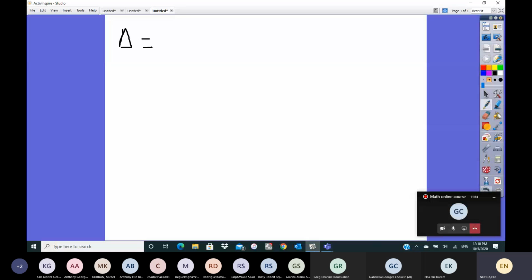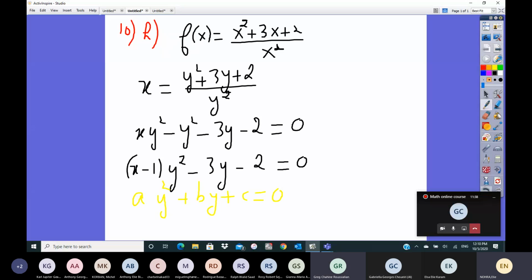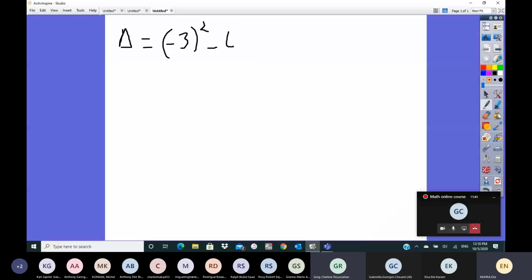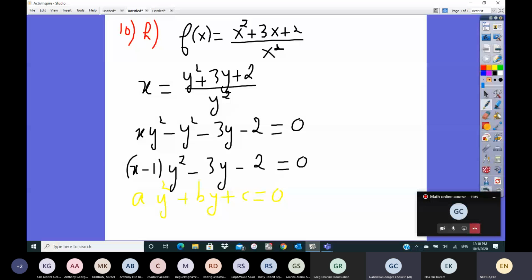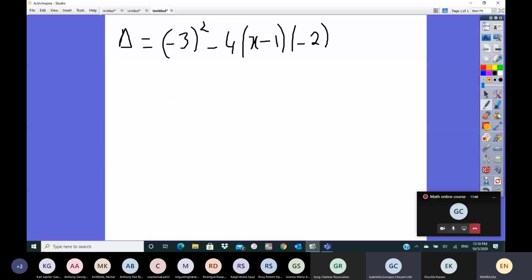B squared is 9, so it's 9 plus 8x minus 8, which is 1 plus 8x. Are we okay till now? Yes, very good.